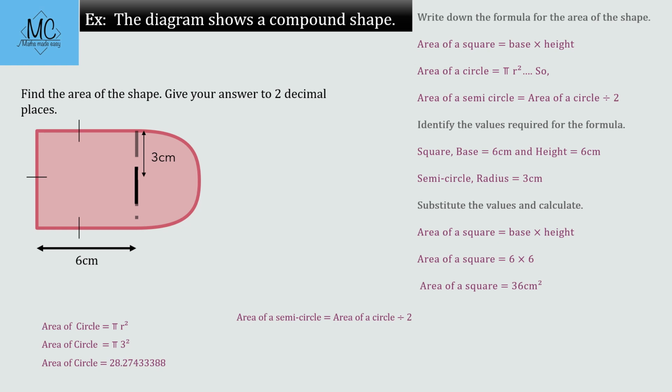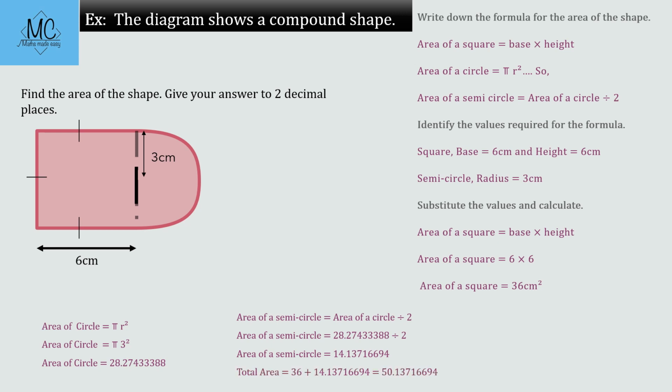Now I have to find the semicircle. As you know, whatever the area of a circle we have found, we have to divide it by 2 to find our semicircle. So the answer will be 14.13716694. This is also not a final answer because we need to find the total area of the shape. So whatever answer we have got for the square and whatever answer we have got for the semicircle, we have to add them.